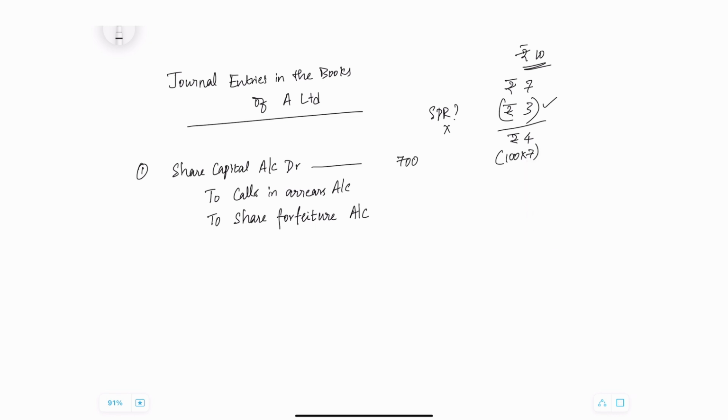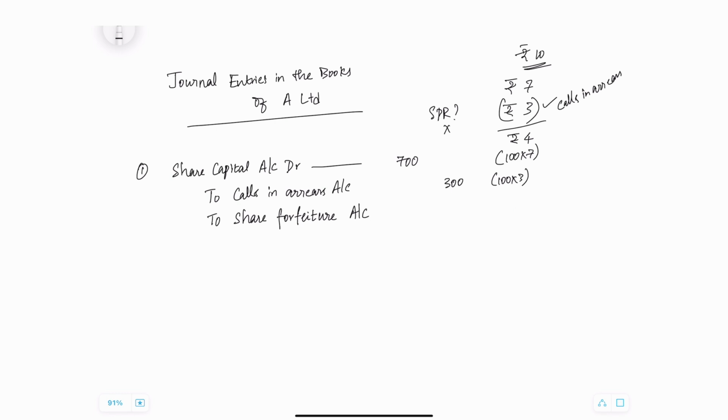Okay, next calls in arrears. How much was calls in arrears? 3 rupees was not paid up. So this is calls in arrears per share. Therefore, for 100 shares, this will be 300. 100 into 3. This is calls in arrears.